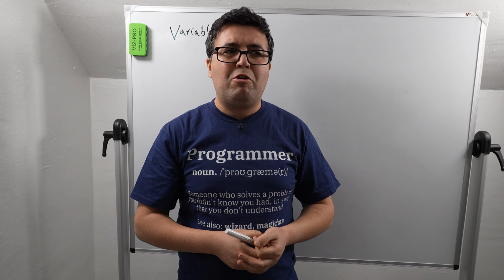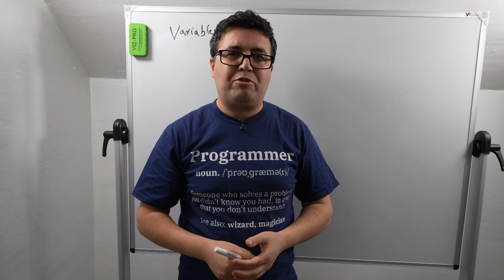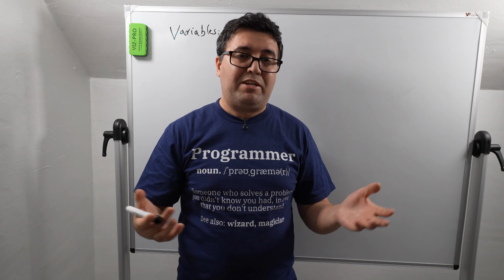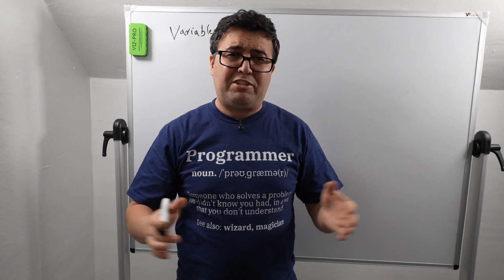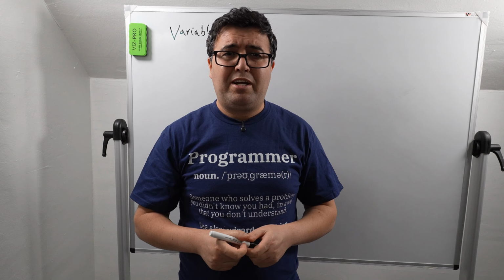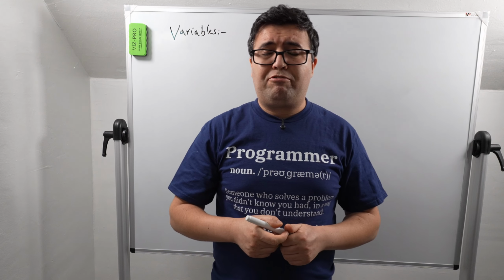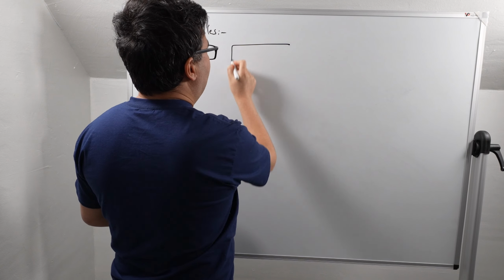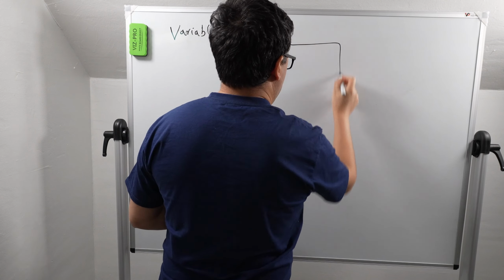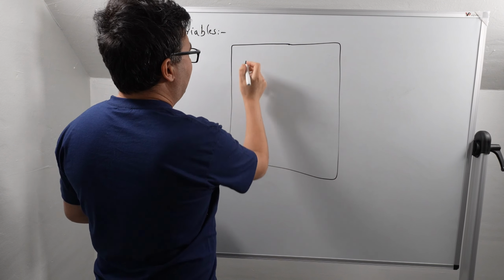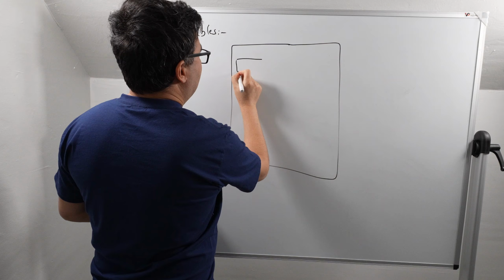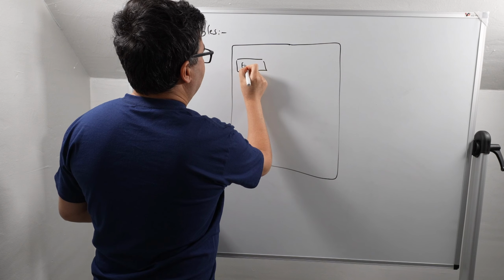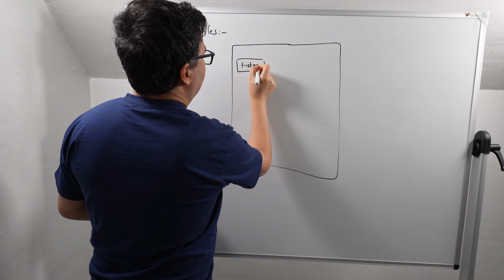Let me give you a real example. You go to facebook.com and you don't have an account. On the first page, if you click the sign up button, it opens a form for you. Here is a text box that says your first name.